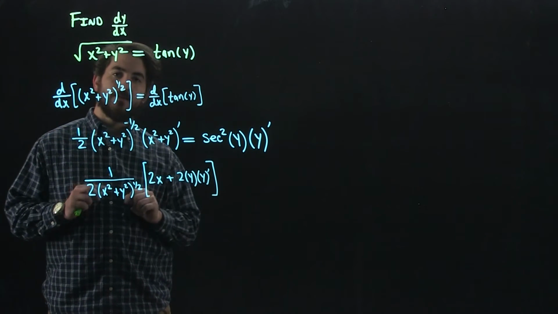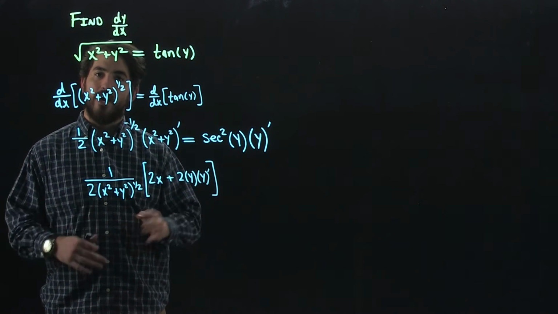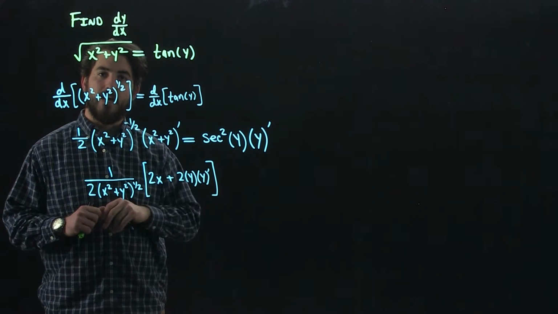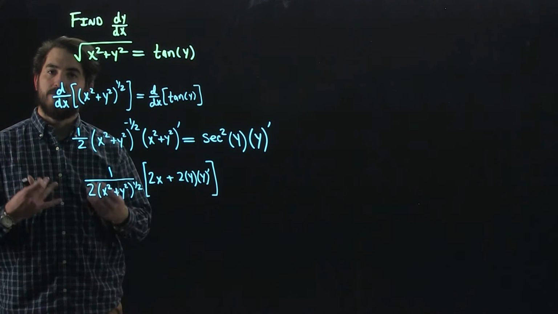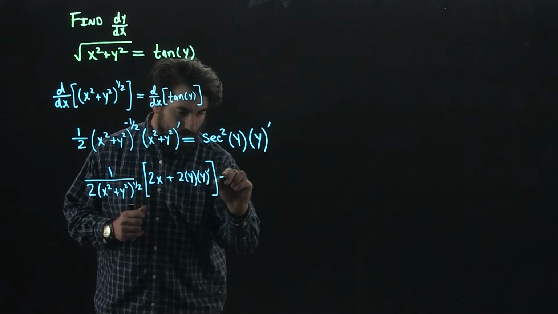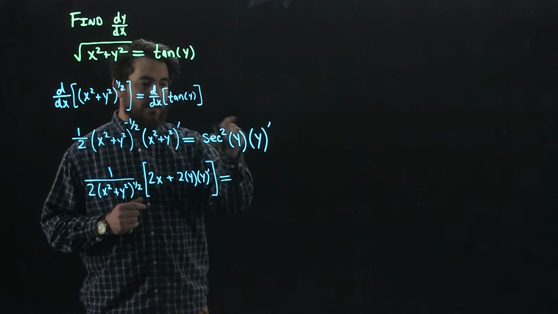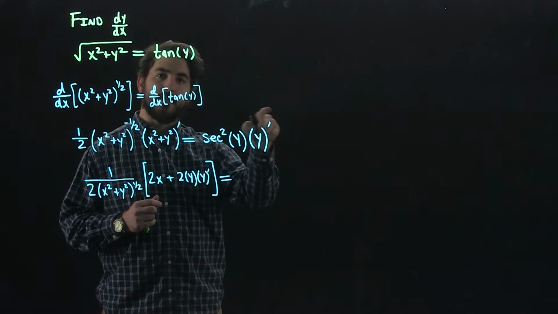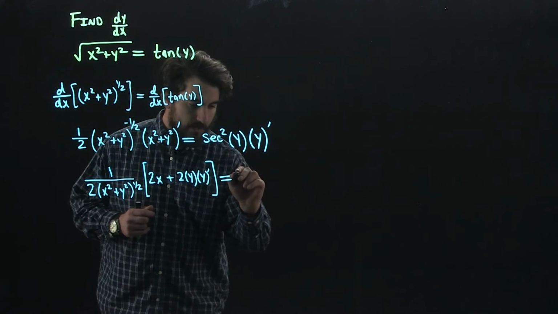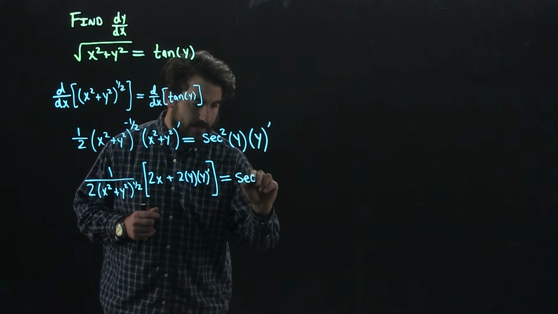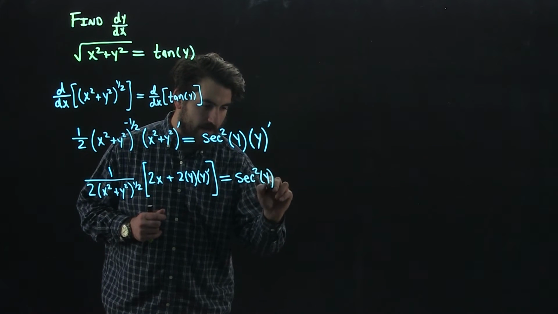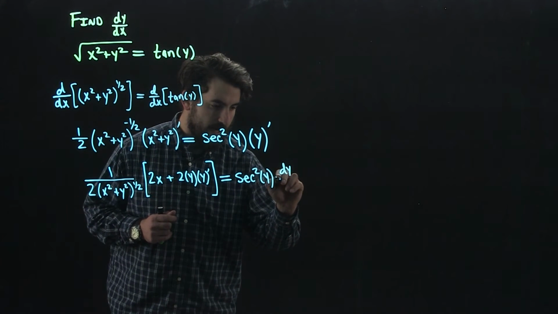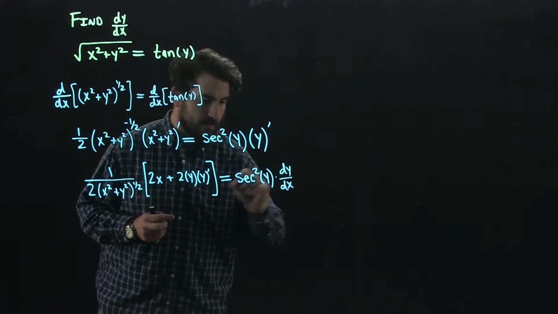I'm using the prime notation here to remind me later I need to still take the derivative of that. That is, write it in terms of dy/dx. The right-hand side is still secant squared of y times, now I'm going to take the derivative of y. So that's going to be secant squared of y times dy/dx.